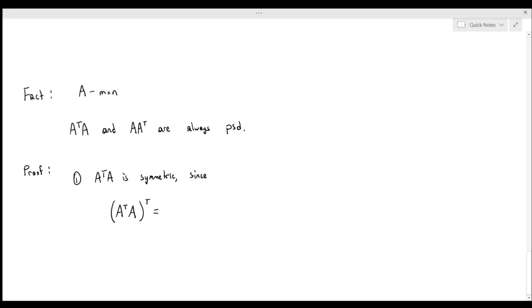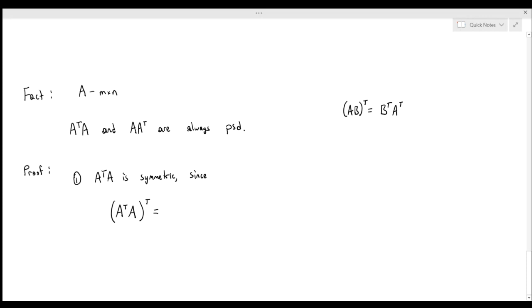if you remember how the transpose of a product works, when you transpose something like AB, you transpose each matrix individually, but you also write it in reverse order. So it goes B transpose and then A transpose.